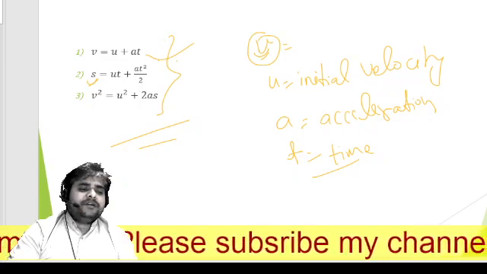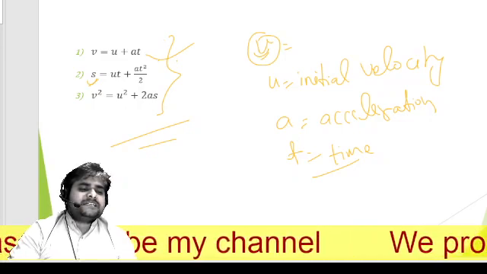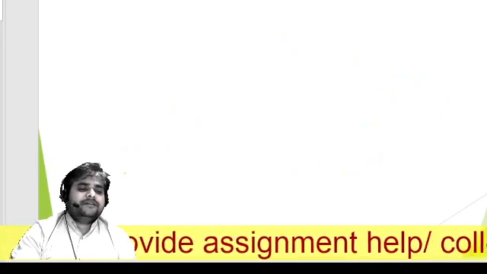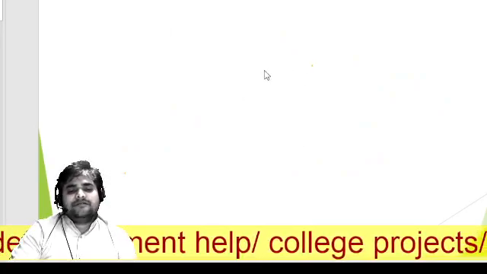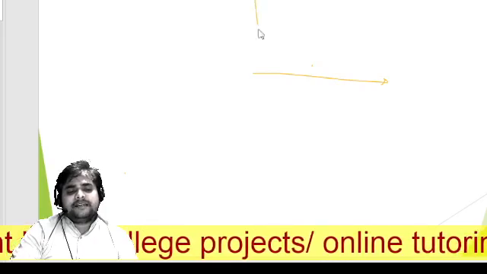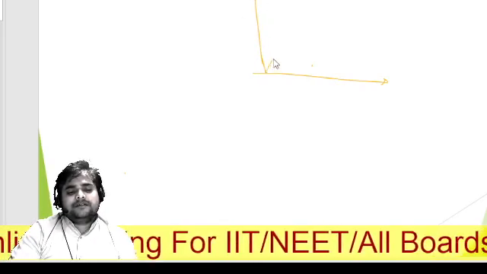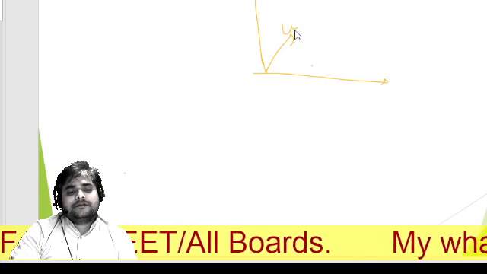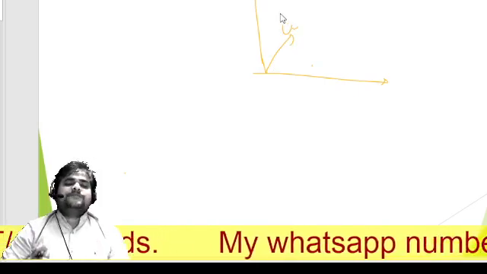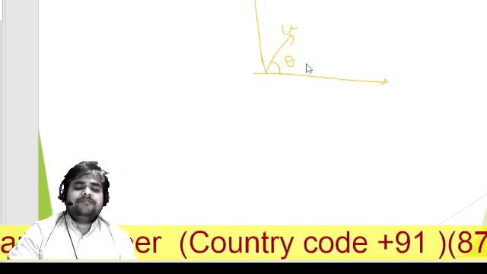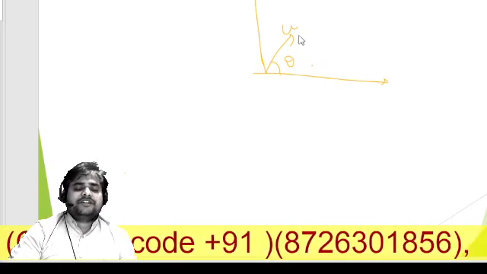Now, for example, suppose we project an object at a certain angle with the horizontal. Let's suppose the velocity of the object is u and it makes theta degree angle with the x axis, or horizontal direction.